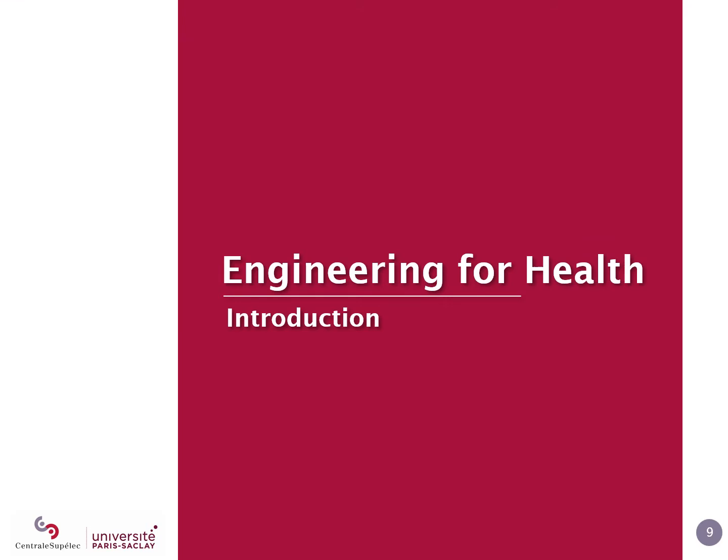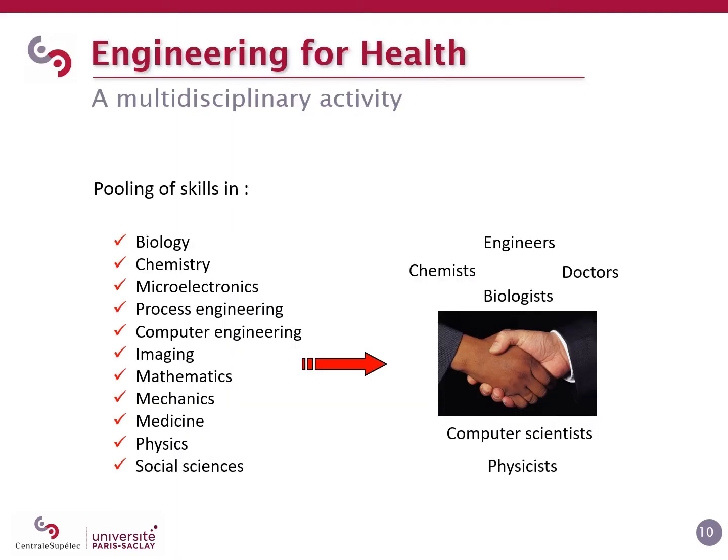One essential characteristic of engineering for health is that it is a multidisciplinary activity that requires a pooling of skills in biology, process engineering, as well as mechanics and many more.